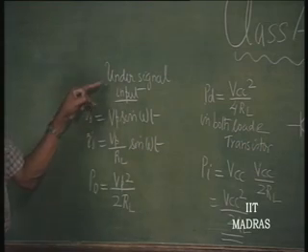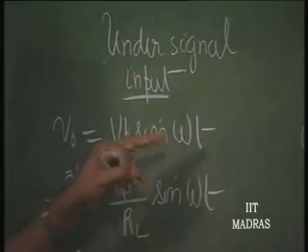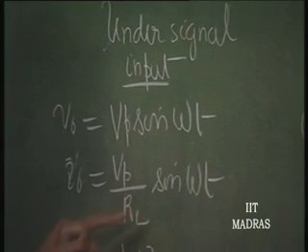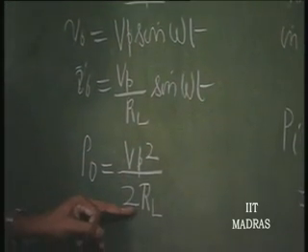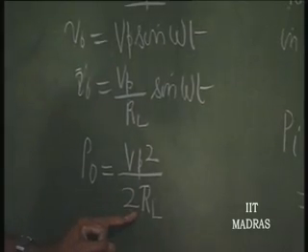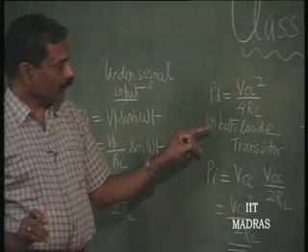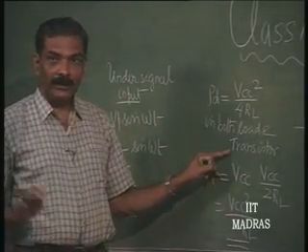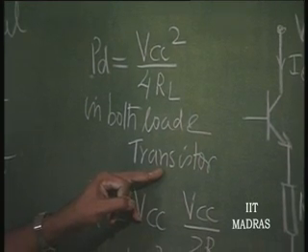Then under signal input situation, V0 is Vp sin omega t, I0 is Vp by RL sin omega t, and P0 is Vp squared by 2 RL. Under this, IQ continues to flow, the DC current continues to flow, and DC dissipation in the resistive load continues to be the same. So, this dissipation remains the same.